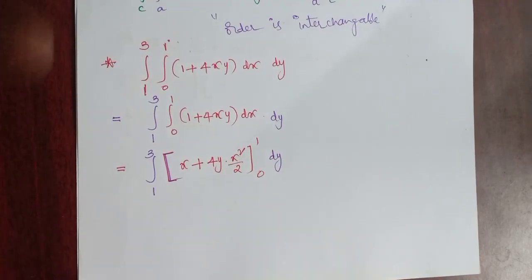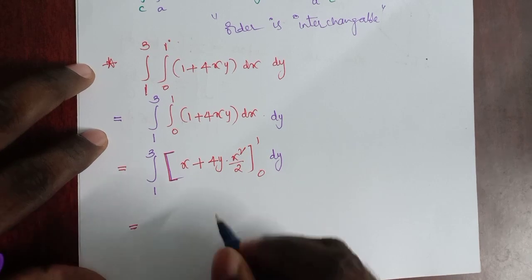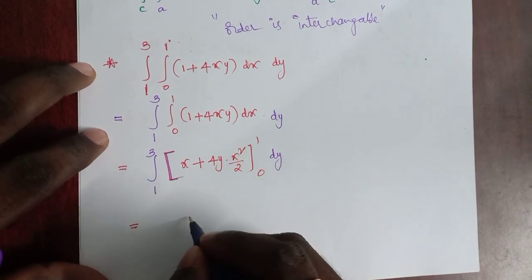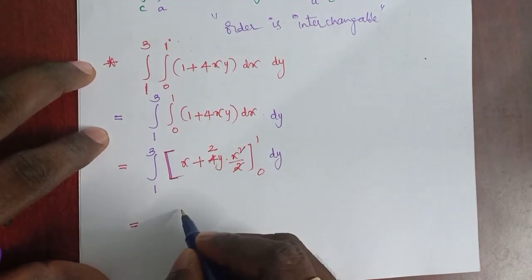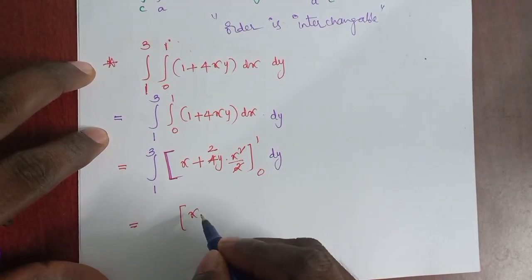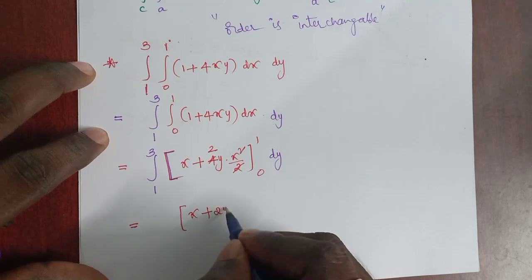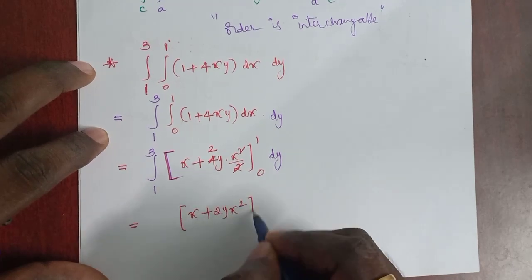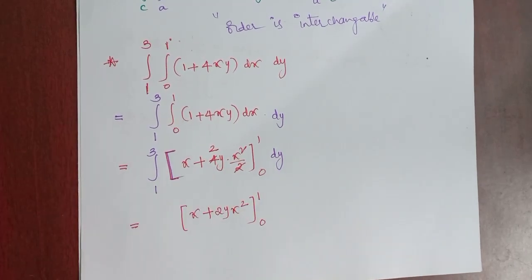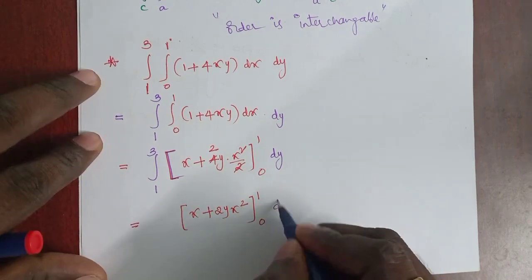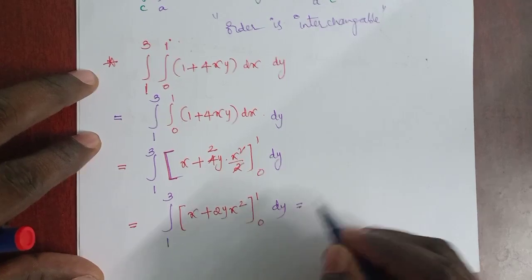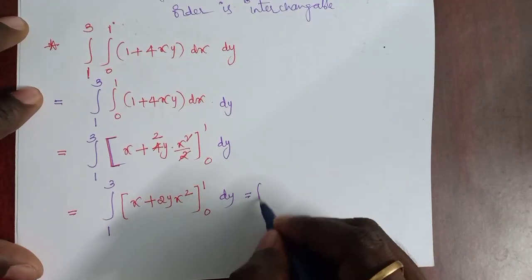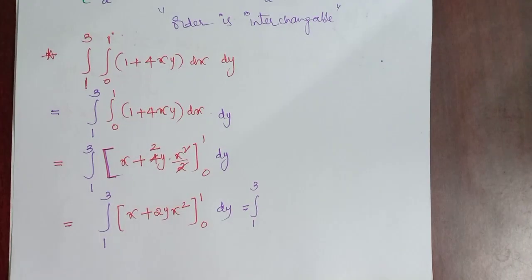So now substituting the boundaries, for the upper boundary, the two 2s get cancelled. Now it is x plus 2yx square, the boundaries are 0 to 1, and in between them we have dy, integration of 1 to 3.